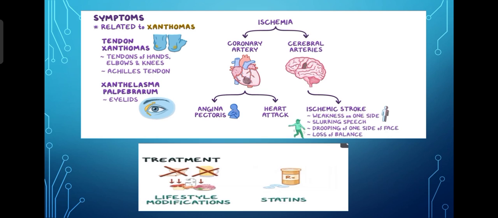So what are the symptoms of hypercholesterolemia? It is related to xanthomas, tendon xanthomas, of the tendons of hands, elbows and knees. Then it is also called the Achilles tendon.